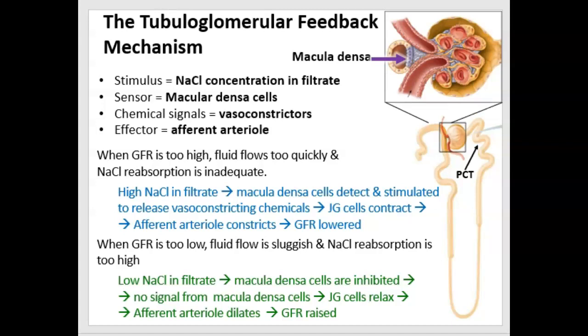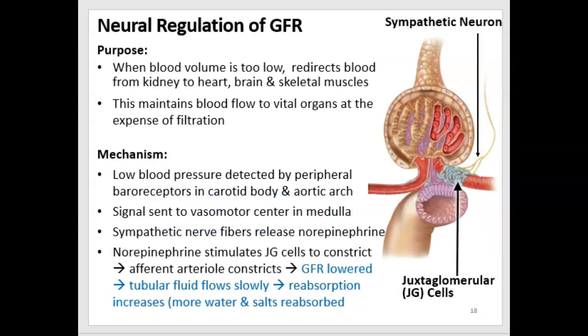The role of the macula densa is to detect that high sodium chloride and to release vasoconstricting chemicals. And the role of the juxtaglomerular cells is to cause afferent arteriole constriction. Okay, so that is autoregulation of glomerular filtration.